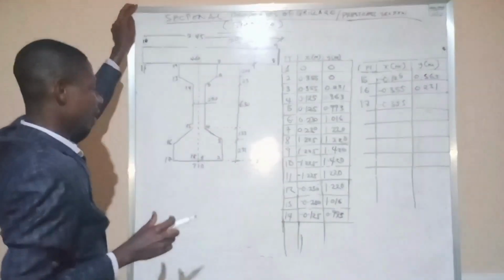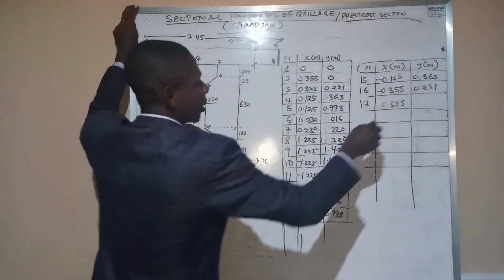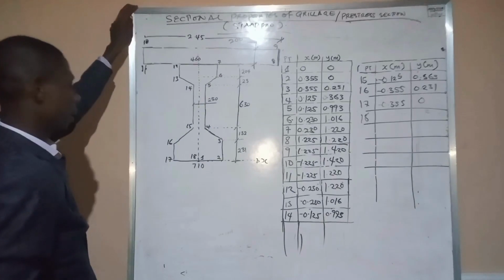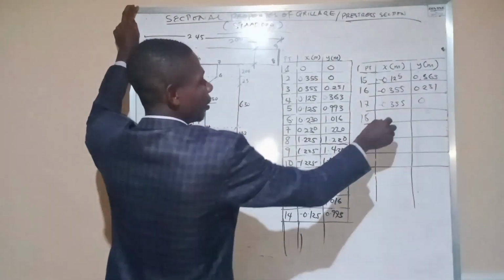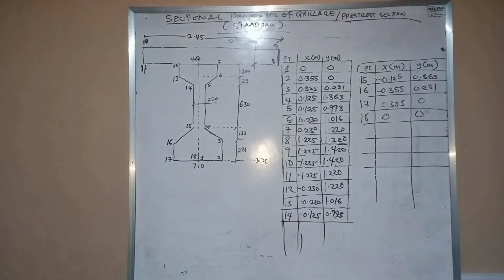Then the y of it at point 17 becomes 0. Now the last is point 18. At point 18, we'll have 0, 0, so we'll close it at this point. Once we have all these sections, we go straight to our start profile, input it, and obtain our section.